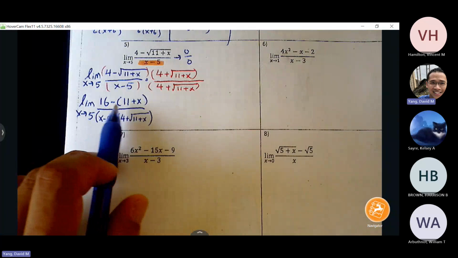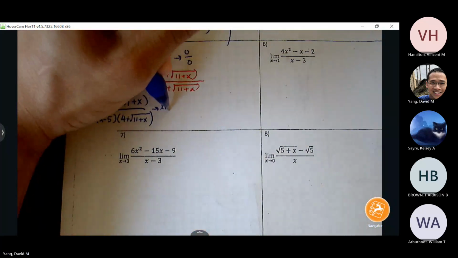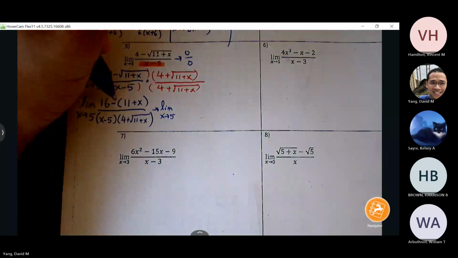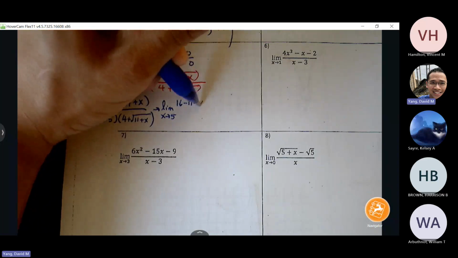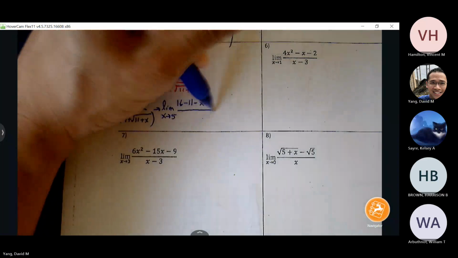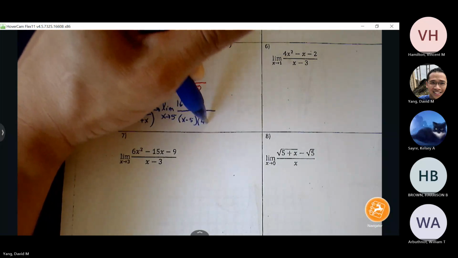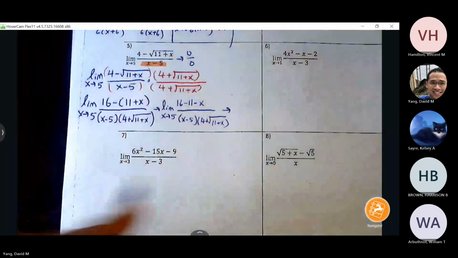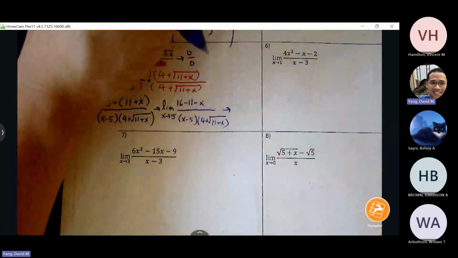Okay, now we can distribute the negative through here. So 16 minus 11 minus x. Sixteen minus 11 is 5, so I get 5 minus x.